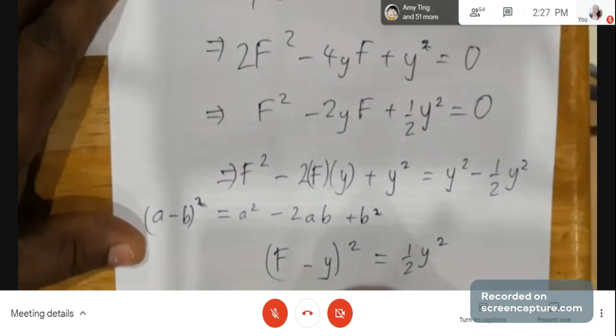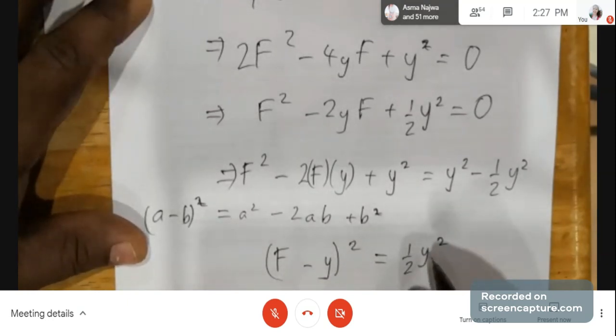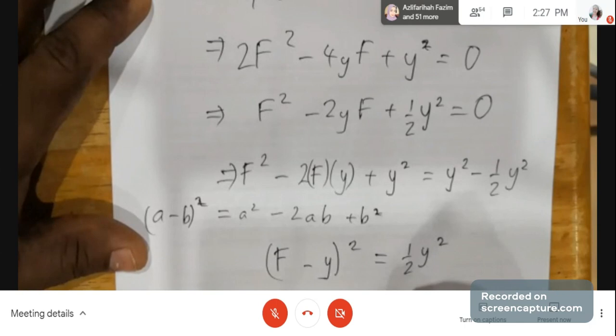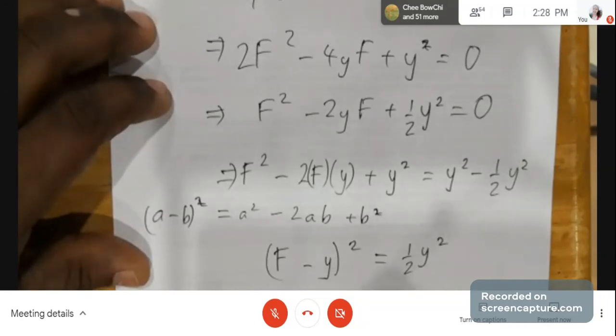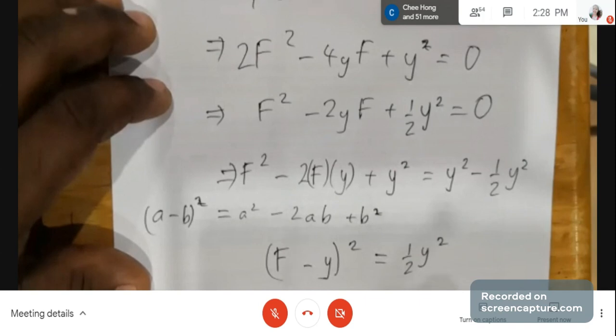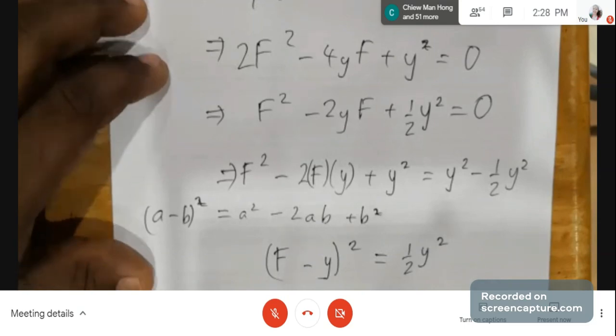So f minus y equals plus minus y over square root 2. This implies f, which is f(y), equals y plus minus y over square root 2.